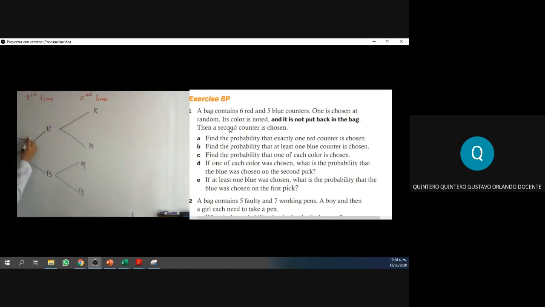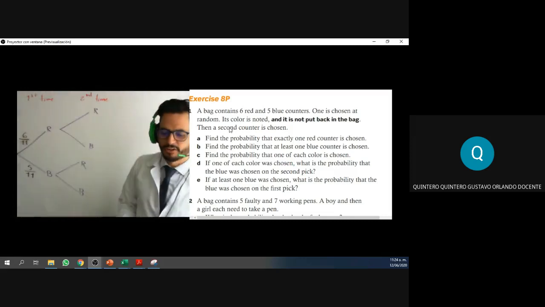We have a total of 11 there. And how many of those 11 are red? 6, right? So the probability of getting a red is 6/11. So far, so good. With the same analysis, we get the second one, 5/11. All right. Nothing new there, right?